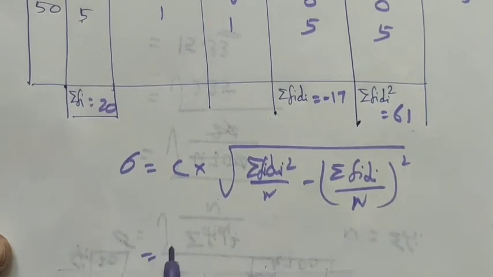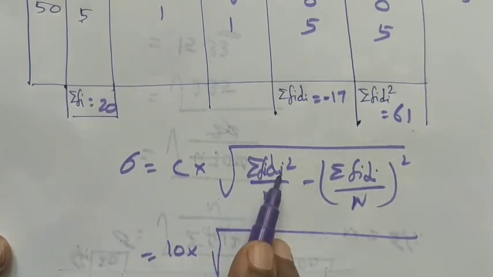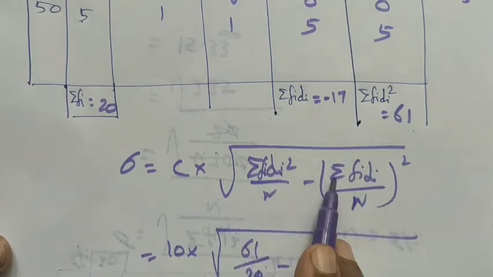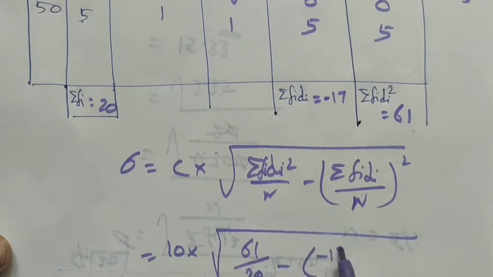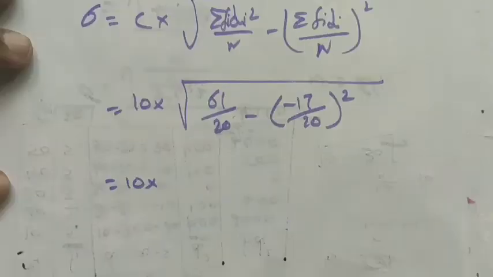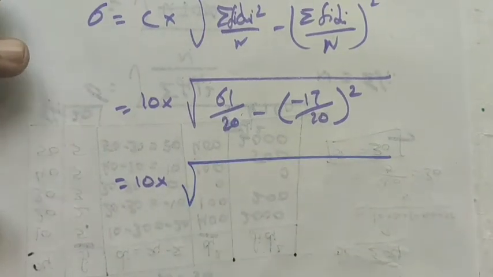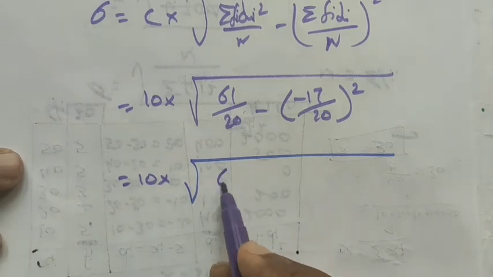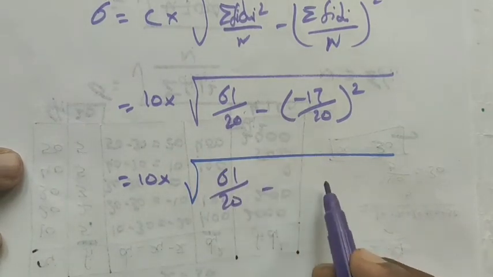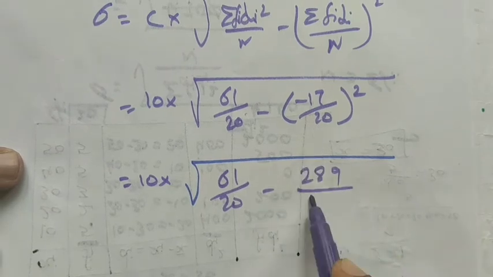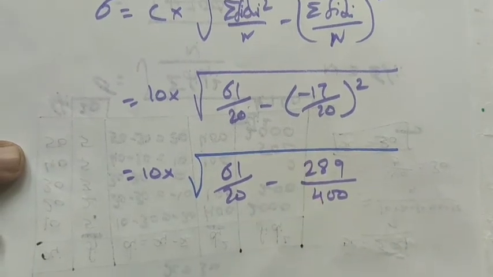So c we have taken as 10, into root of 61 divided by 20 minus minus 17 divided by 20 whole square. Squaring it, 17 into 17 is 289 divided by 400, since 20 square is 400.